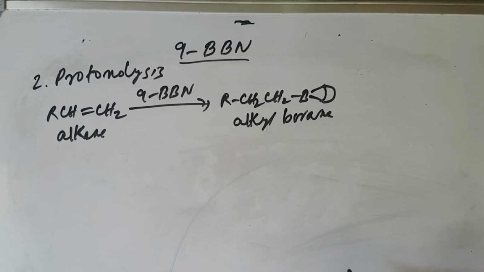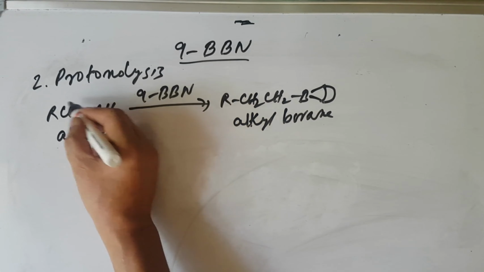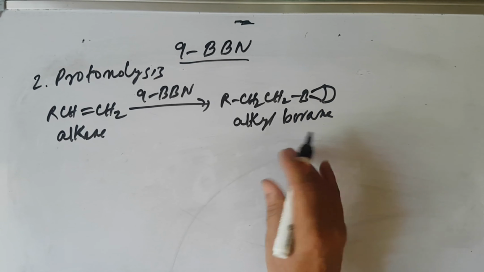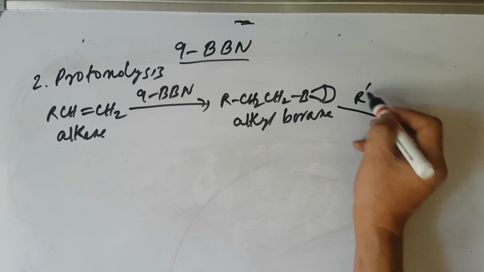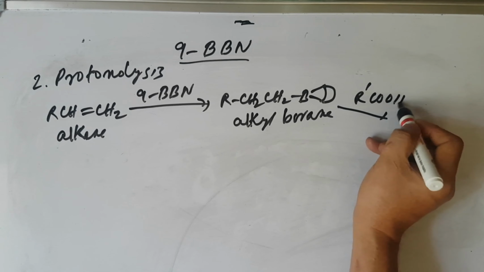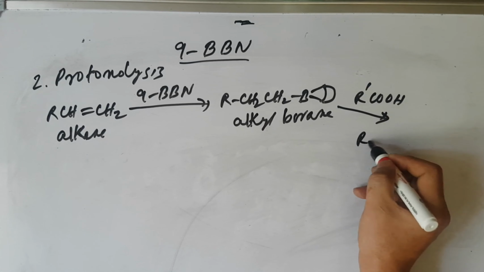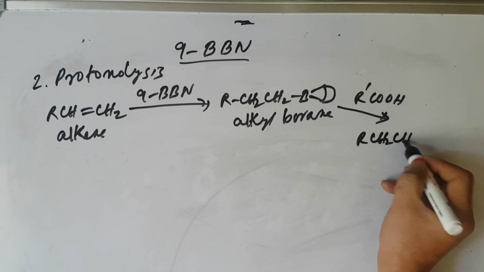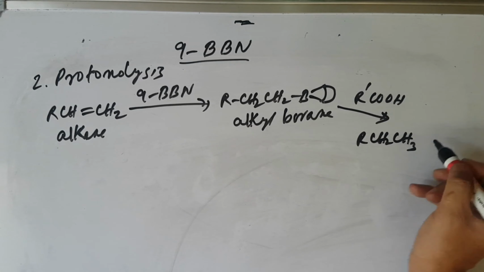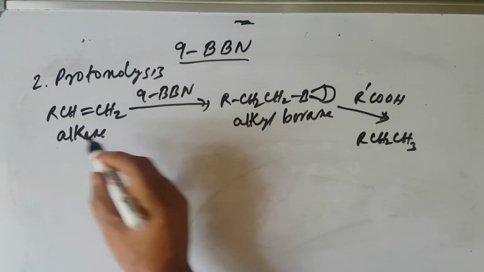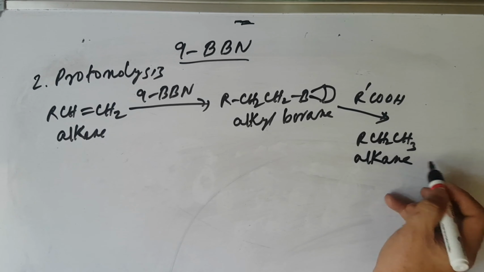Like the earlier case, hydrogen attacks here. This can undergo reaction with acids, say R'COOH. It will first give RCH2CH3, so an alkane is formed by addition of a proton.